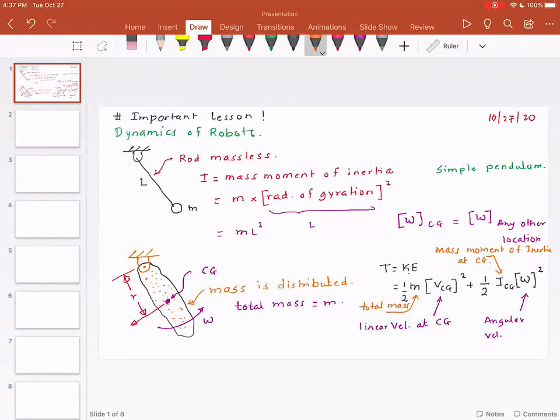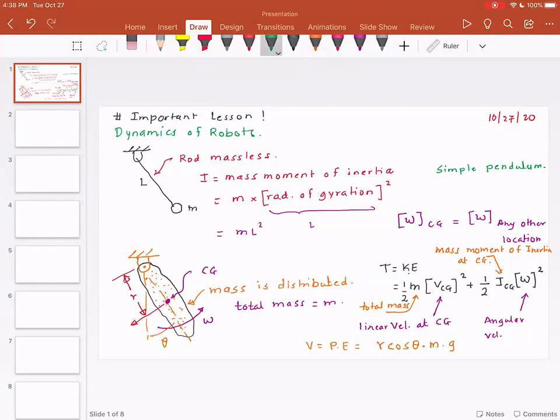Then we have the potential energy, which is V. Whenever we find the potential energy, we find it with respect to the center of gravity. For example, in this case, assuming this angle is theta, the potential energy is R cosine theta times M times G. It's not going to be the total length.